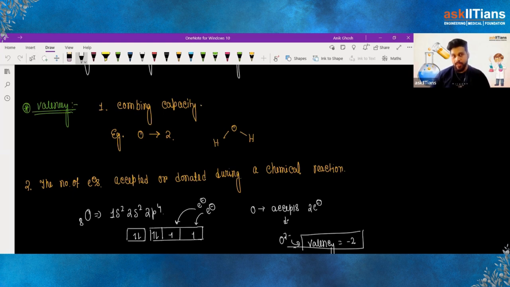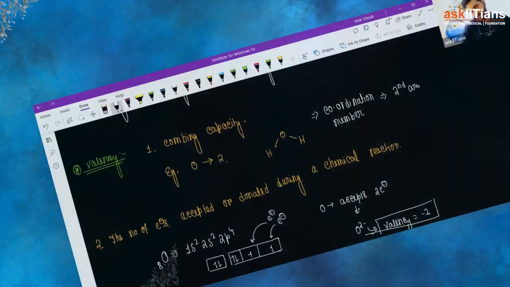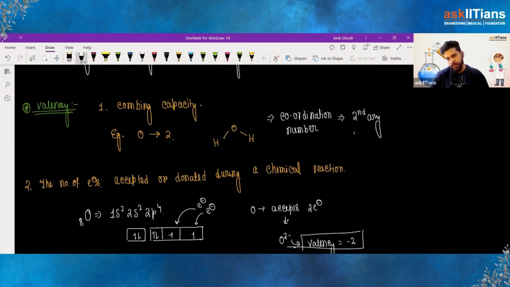When you say combining capacity, guys, we are going to call it the coordination number, which can also be called the secondary valence, meaning the number of atoms attached to the metal. That is called the secondary valence here.